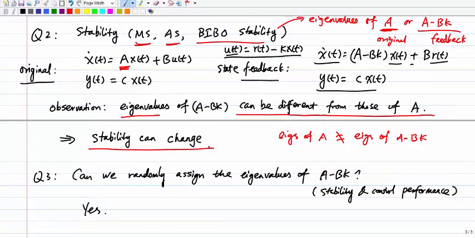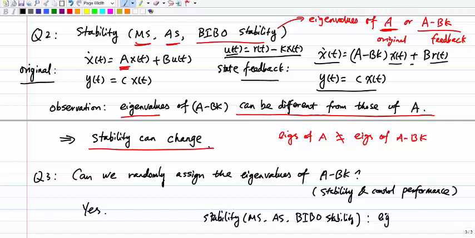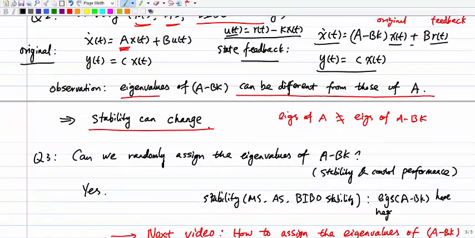So the next question is, can we arbitrarily assign the eigenvalues of A minus BK? Because I want to check stability. If you still remember, for marginal stability, asymptotic stability, and BIBO stability, the typical requirement is that the eigenvalues of A, or of A minus BK if you consider the feedback system, have negative real parts.